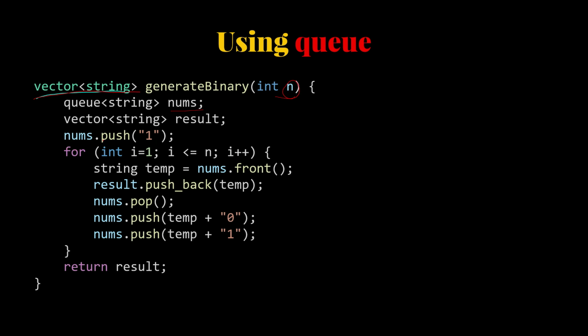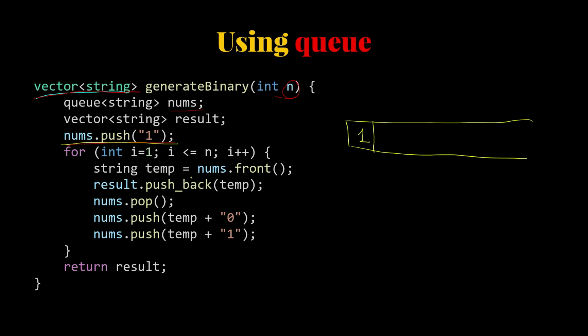Initially we push 1 to the queue. Now from 1 to n we iterate, so the queue will currently have 1.